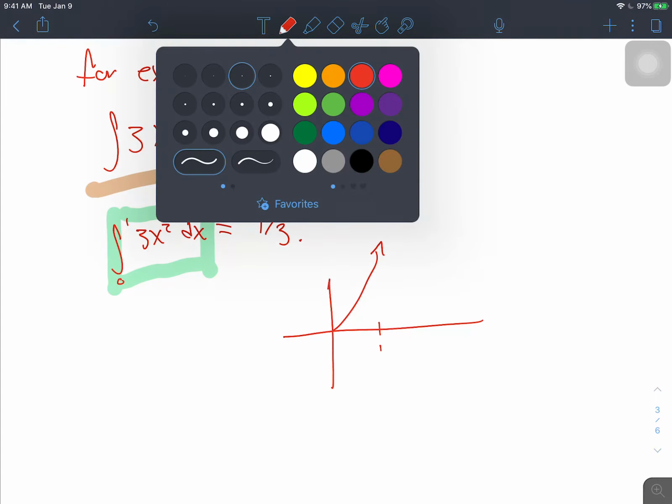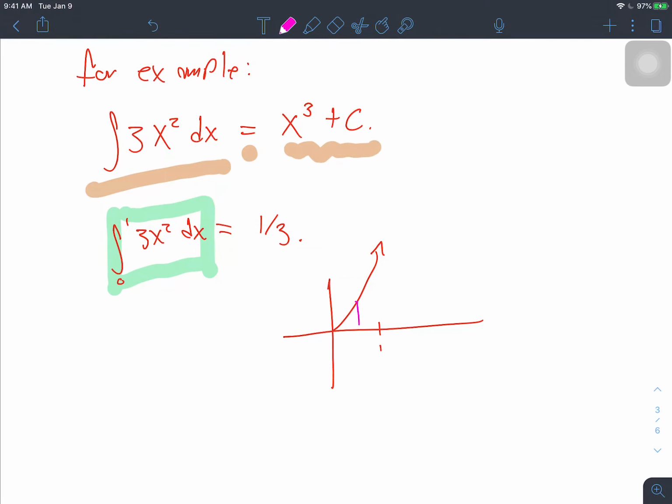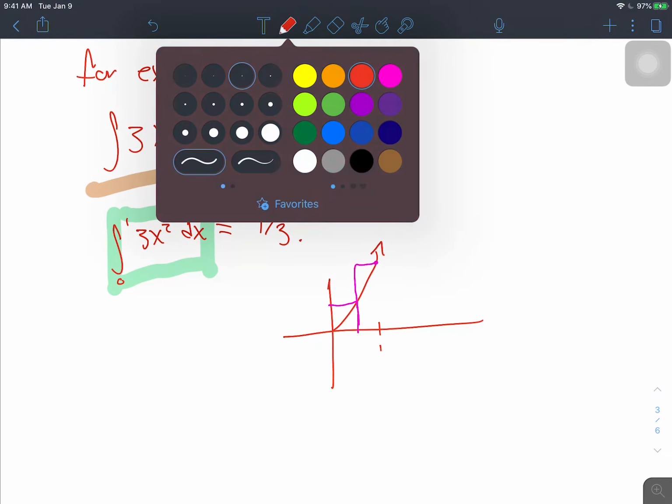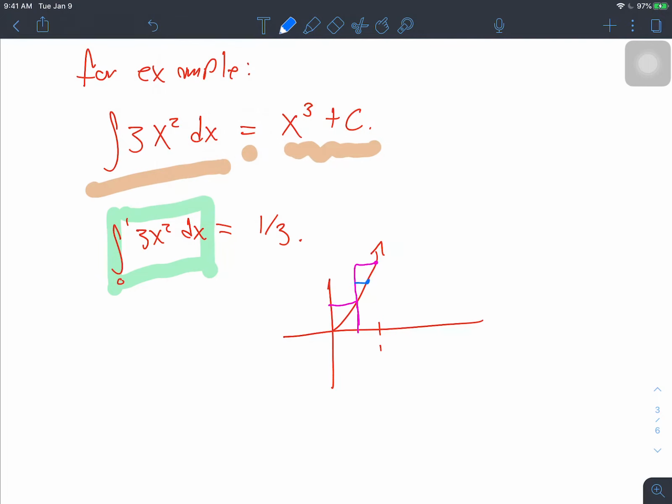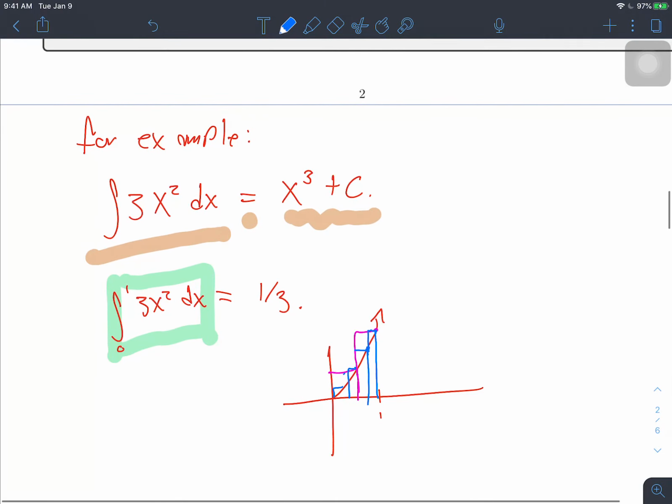Then what the green thing is, I take rectangles and approximate this area, and I use more and more and more rectangles where I'll use different colors for the different levels, and then I continue using more and more rectangles until my rectangle sum gets really, really close to some number, and that number is what this green box represents.